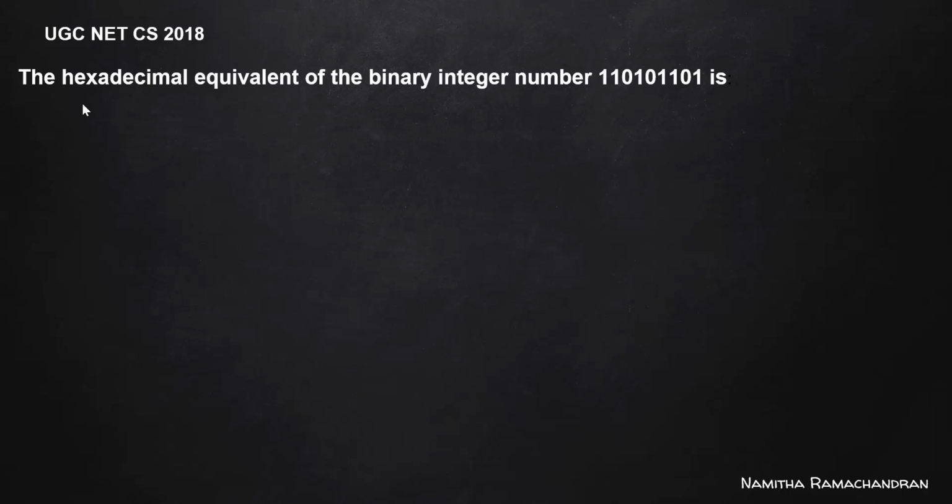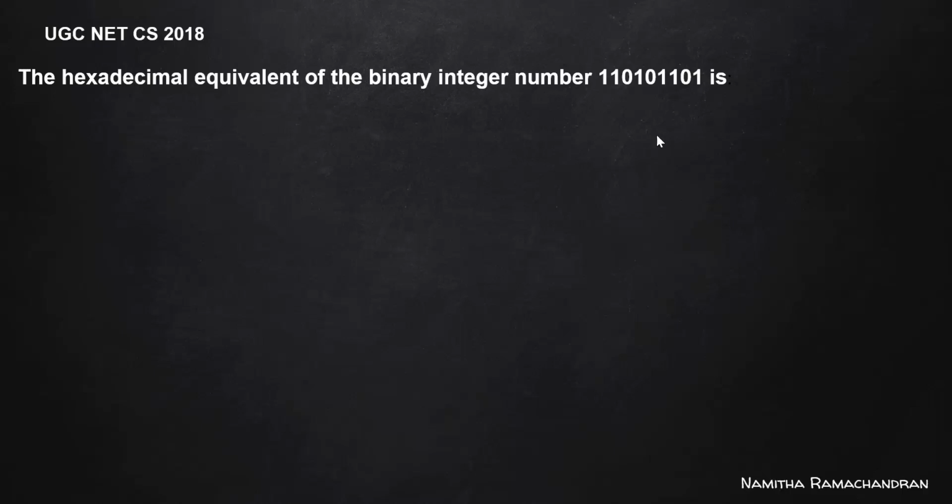Next is the hexadecimal equivalent of the binary integer number 11010101. We need to get the hexadecimal equivalent of the given binary number. We don't want to convert this into decimal in order to get its hexadecimal.